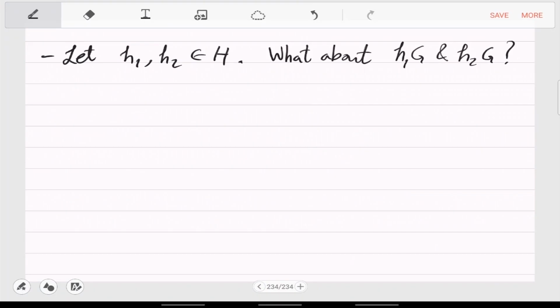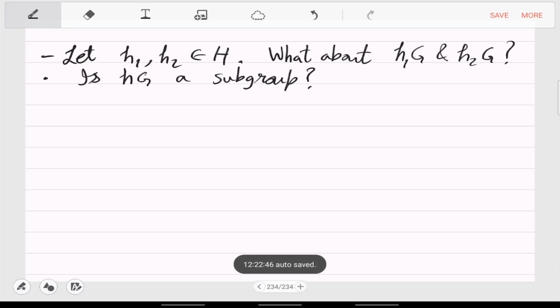In fact, we could have asked a question even before. Is hg a subgroup? Is it? This also is not clear, right? For a general element small h, you don't expect this to be a subgroup.